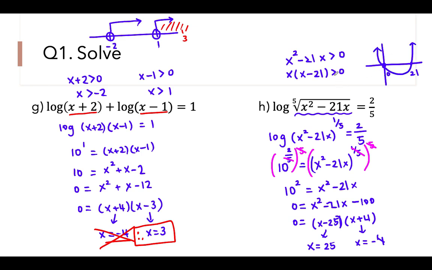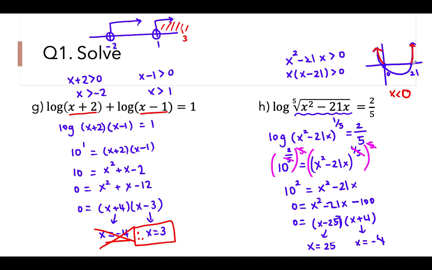And we want the domain to be greater than 0. That means greater than 0 must be this way and this way. So x must be less than 0, in order to be greater than 0. So this is the domain.